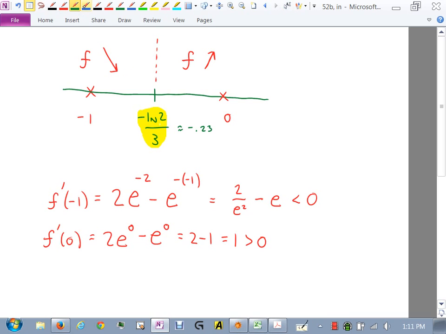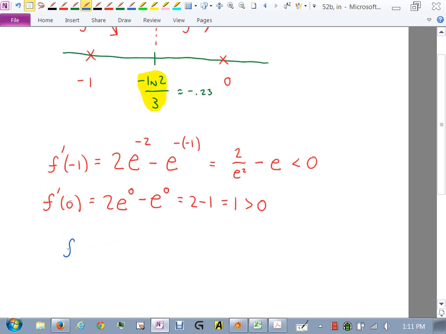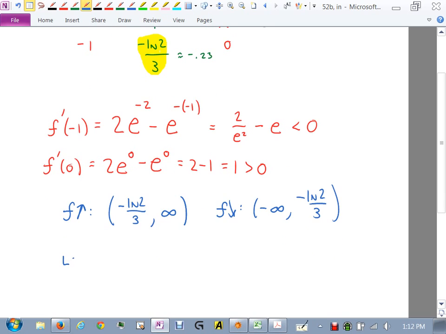So where is f increasing? On the interval negative natural log 2 over 3 to infinity. F is decreasing on negative infinity to negative natural log 2 over 3. Local max.